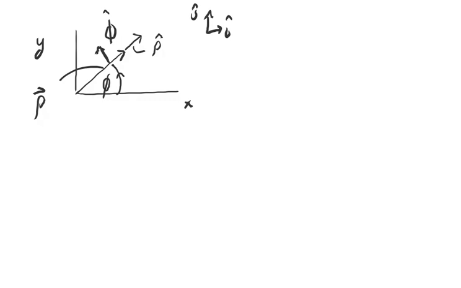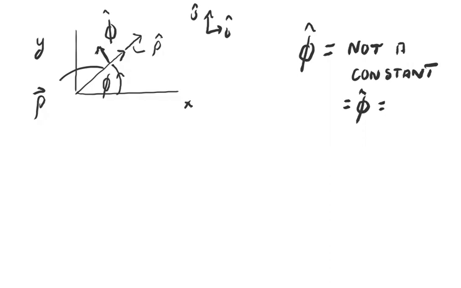And you can see that the direction of phi hat is not a constant. It's going to be changing. Initially it's going to be upward, perpendicular to the x-axis, and it's going to be changing as you increase phi. So this is extremely important to realize. This unit vector is not a constant. And as you might imagine, it's going to depend upon, clearly, the value of phi.